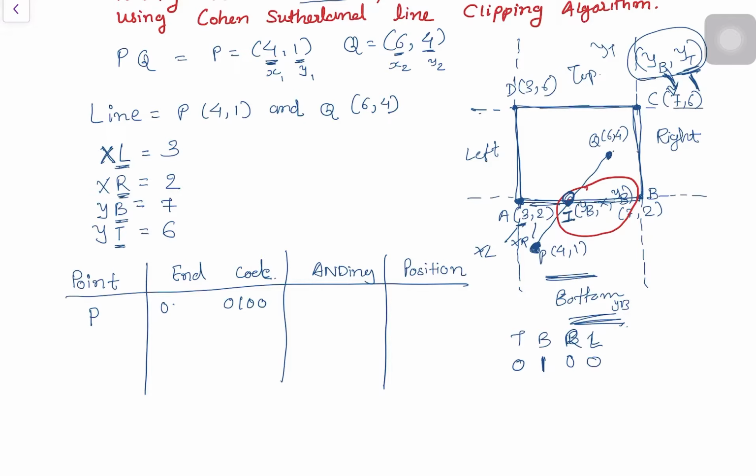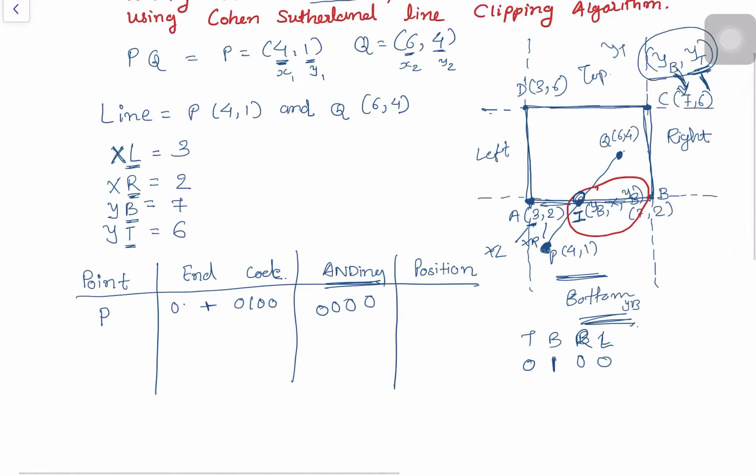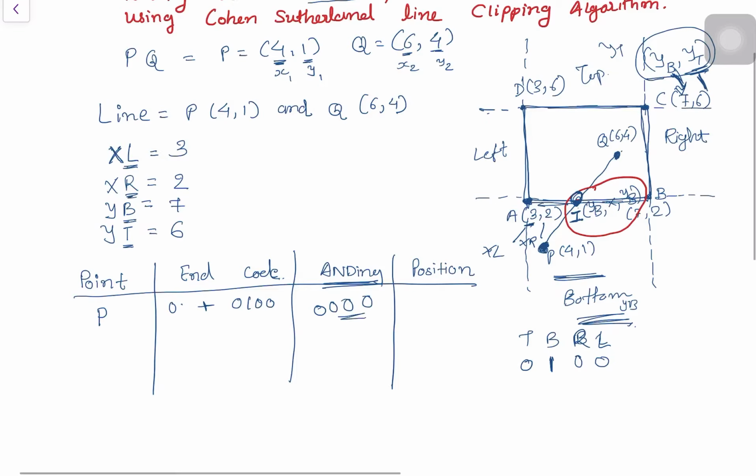Now we have to perform the ending operation. So 0 plus 0 1 0 0, the answer is 0 plus 0 0 0, 0 plus 1, that is 0 and 1 carry, and 1 plus 0 is 0. Suppose if the value is 0, then we can say the line is partially visible.